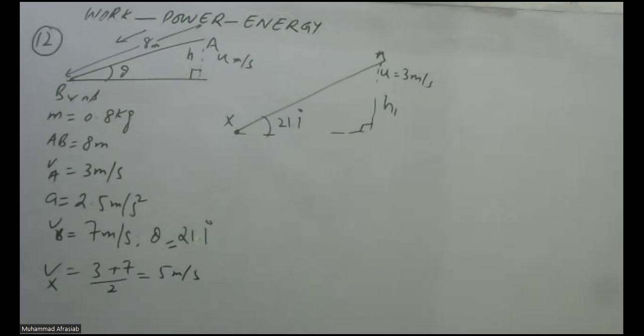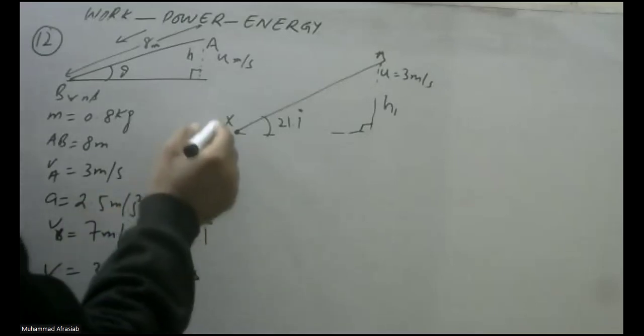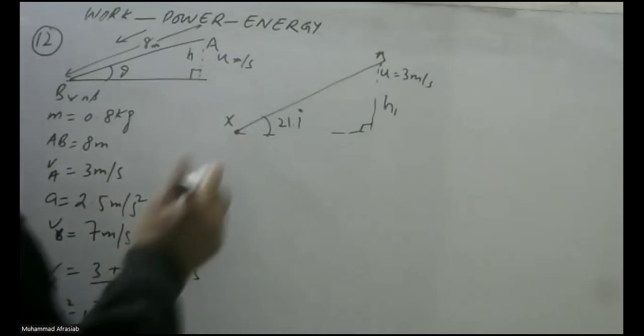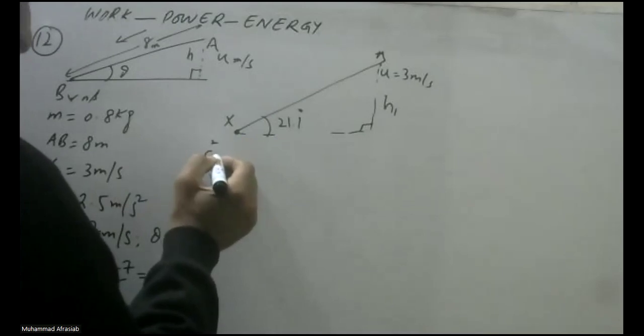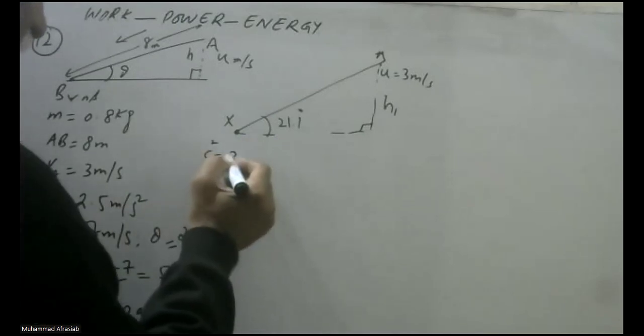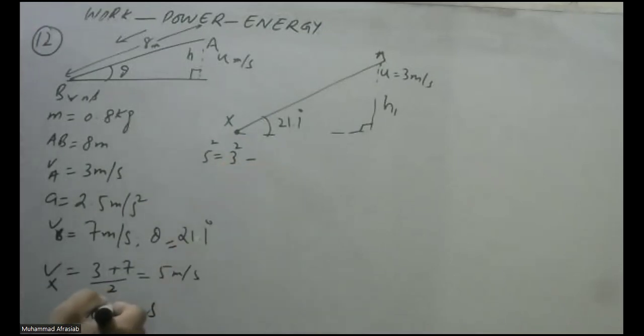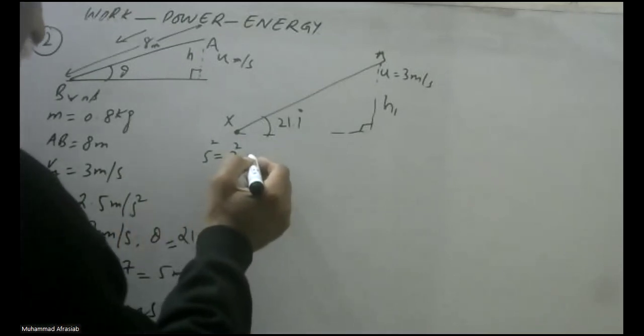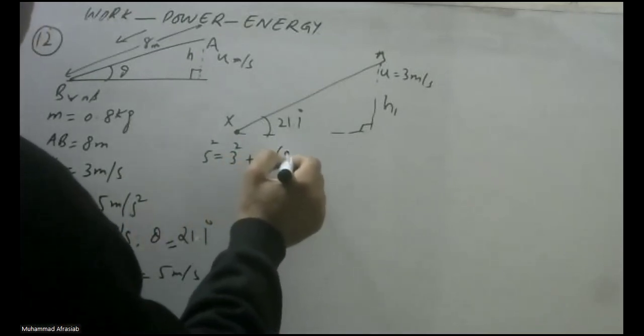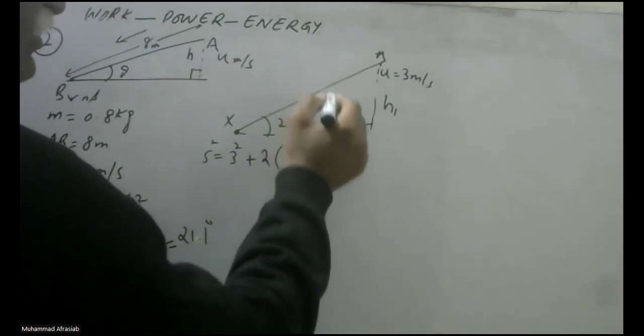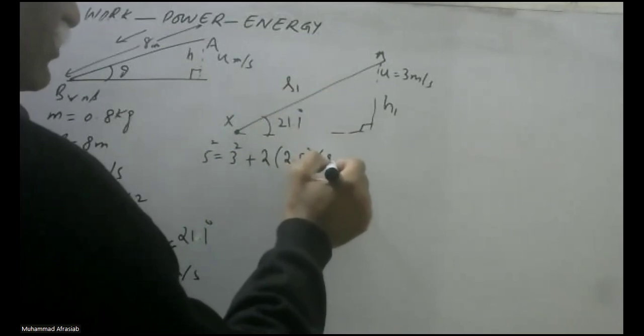And now you will calculate the distance from A to X. We know that v square minus u square is equal to 2as. So v square is the speed at X, which is 5, equal to u square, which was already there, 3 square, plus 2 into acceleration, already given as 2.5, into the distance S1, which we are going to calculate.